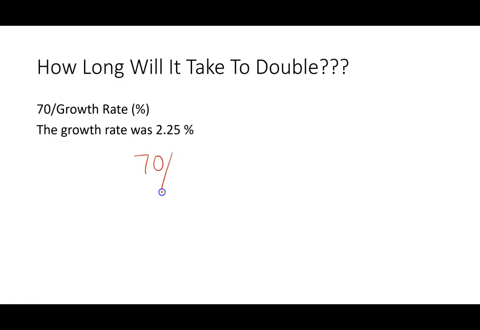So 70 divided by 2.25, which is what I figured out from last time. And this population is going to take 31.11 years to double. So that is everything. So hopefully that helps.